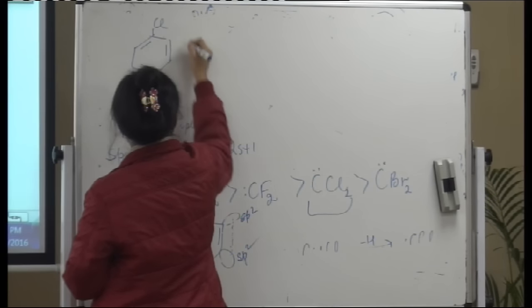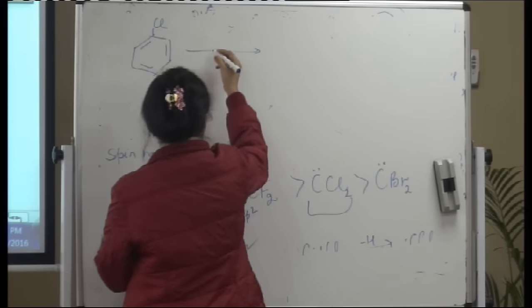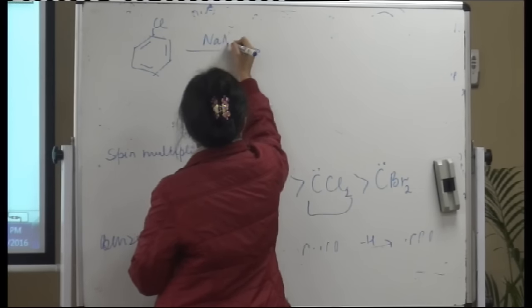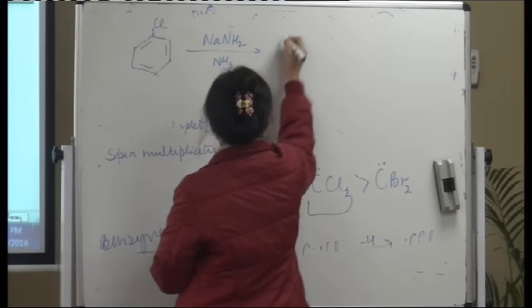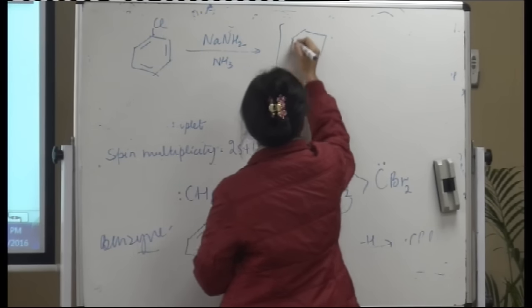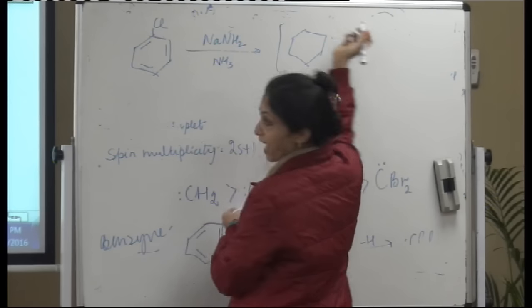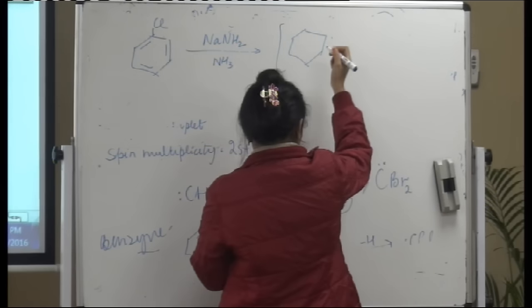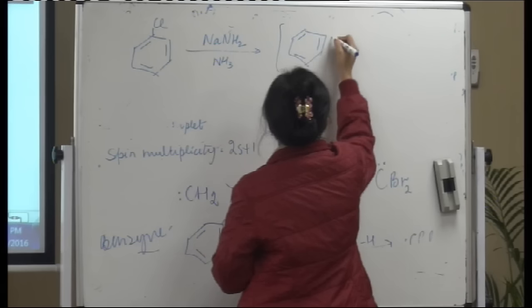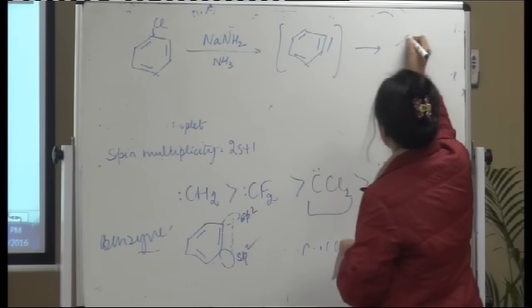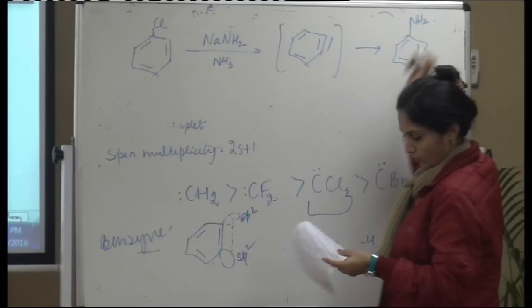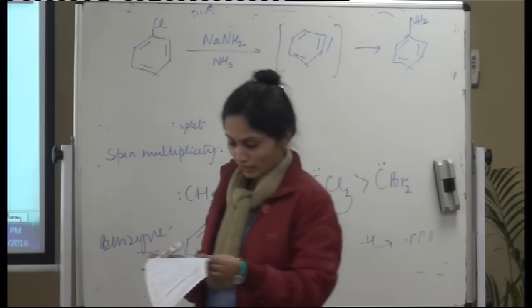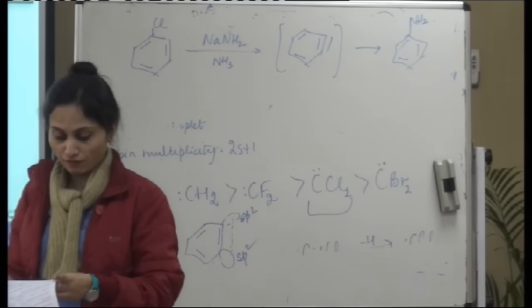You have chlorobenzene and you add NaNH2 and ammonia to it, and then what you generally get is a benzyne intermediate before you get to aniline. So it involves a benzyne intermediate followed by aniline.